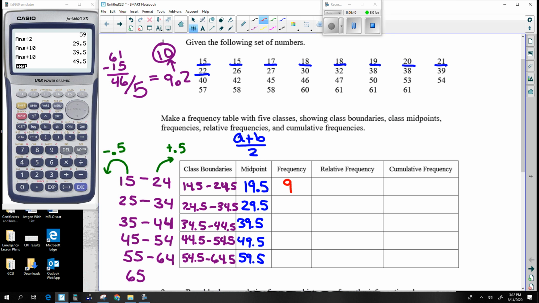The next one is 25 to 34. So that's 1, 2, 3, 4. Next category is 35 to 44.